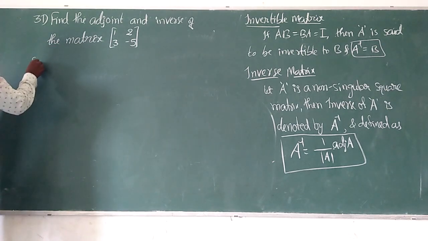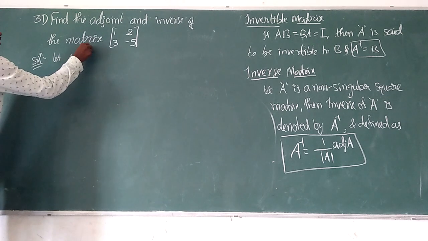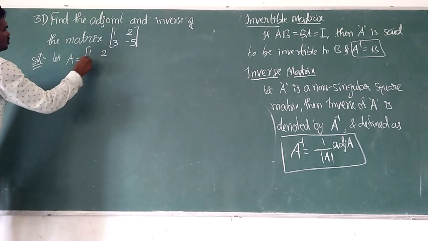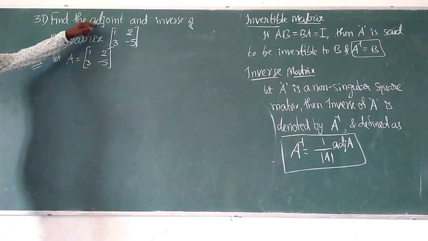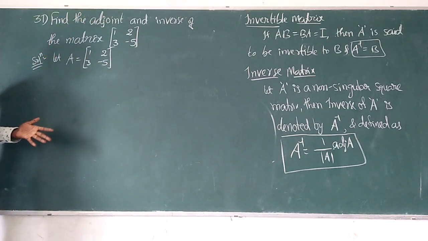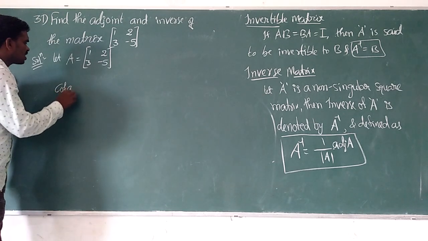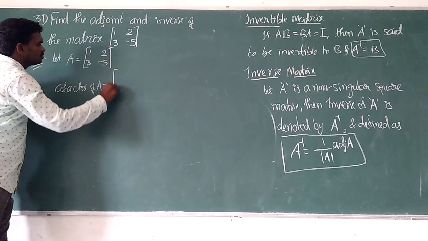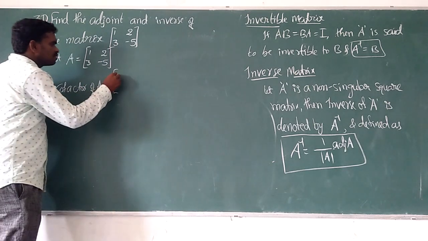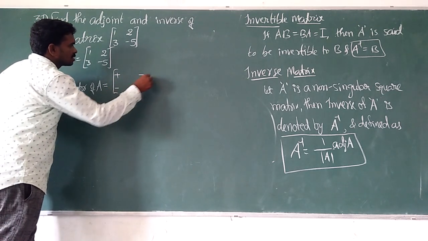See the solution. Let matrix A equal 1, 2, 3, minus 5. First of all, we need adjoint A. To find adjoint A, we should find the cofactors. So write down the cofactor matrix. The cofactor sign pattern is plus, minus, minus, plus.